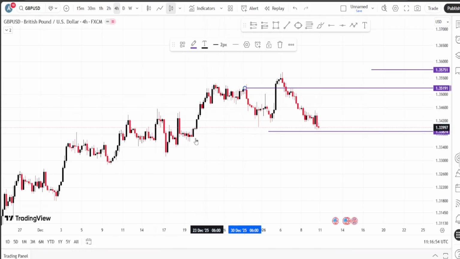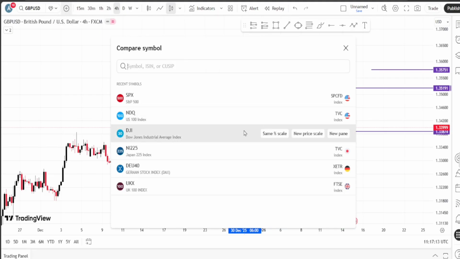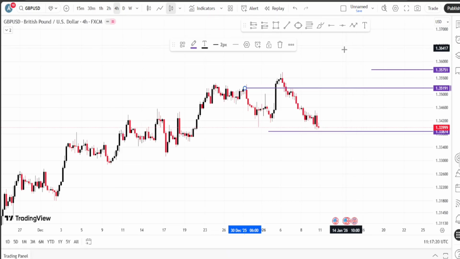When the market opens, wait for a liquidity sweep around this area, then look for the market coming down here. If price is unable to take out the lows here, you are going to look for confirmation for a reverse buy.